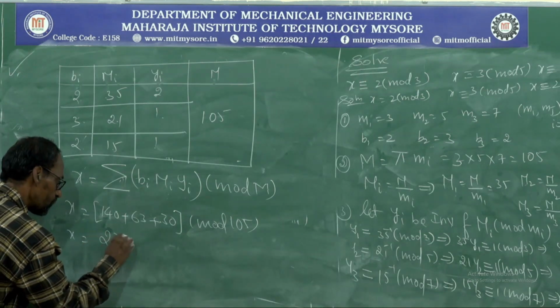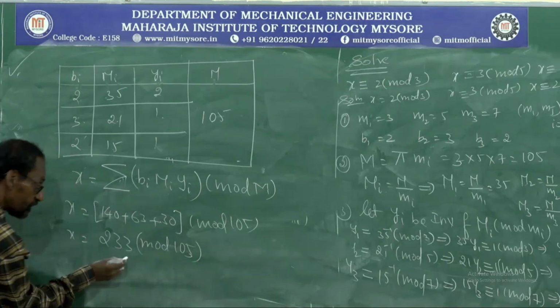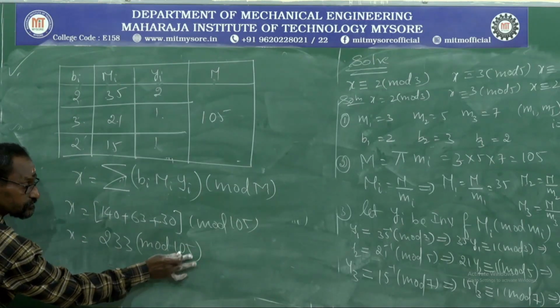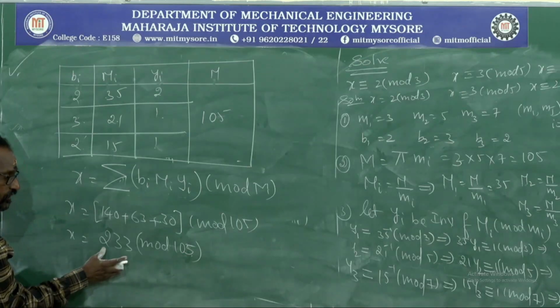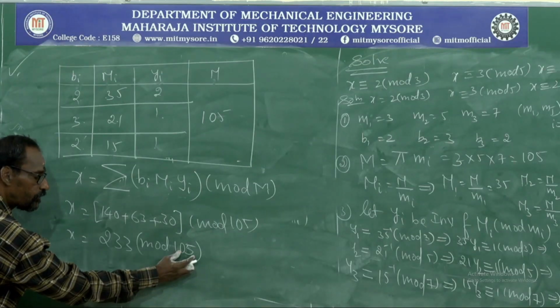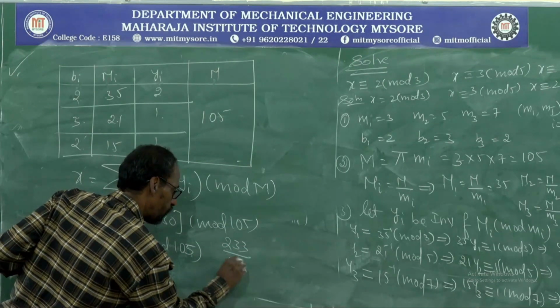It is going to be 233 mod 105. Carefully, this should not be greater than your modulo class. What is the value? 233. What is the modulo value? 105. Immediately you consider 233 divided by 105.